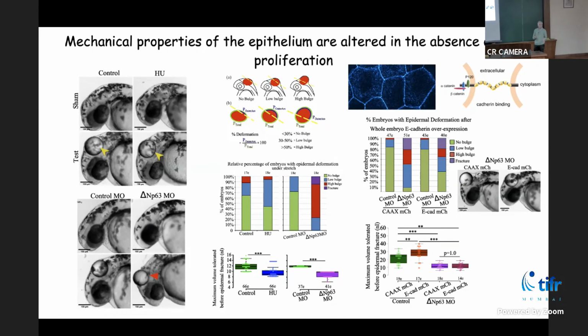So one can do the genetic trick wherein you supplement these animals with cadherin. And when you do that, these phenotypes get alleviated. So the bulge is not as much as it is otherwise in the absence of cadherin. Now, while this was true, if you inject cadherin, there was no consequence for the fracture phenotype.